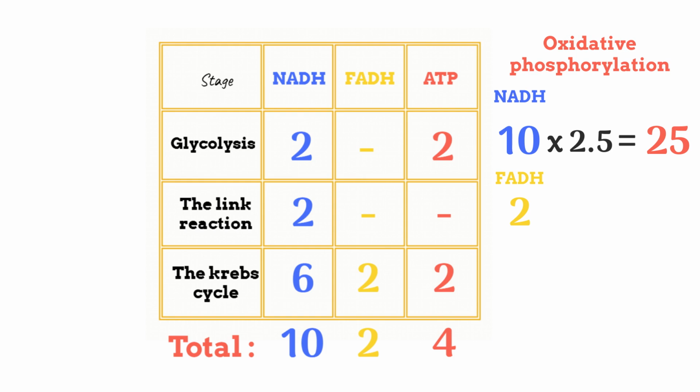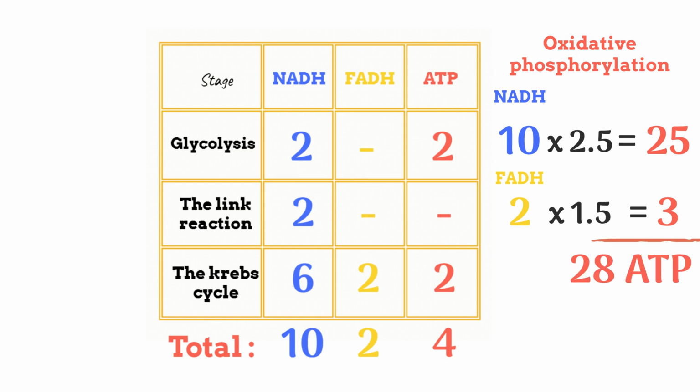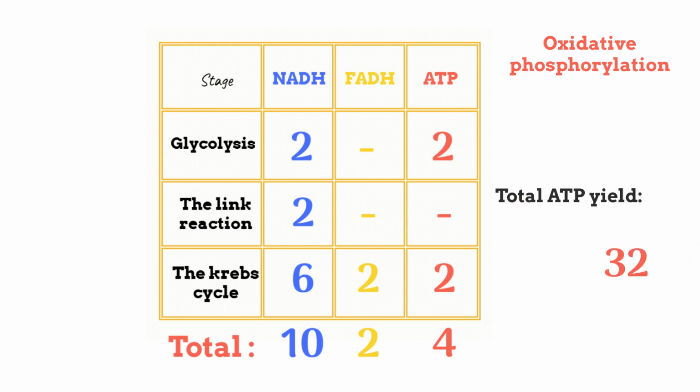So if each one produced 1.5 ATP, 1.5 times 2 is 3 ATPs. So 25 plus 3 is 28. And if we count the 4 ATPs that we made in glycolysis and the Krebs cycle, 28 plus 4 is 32.